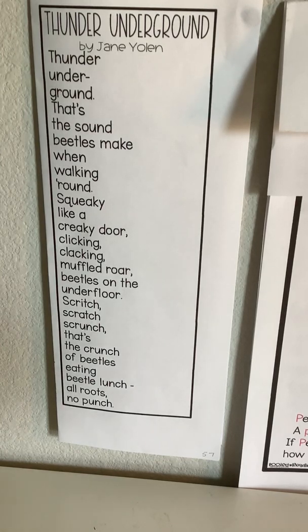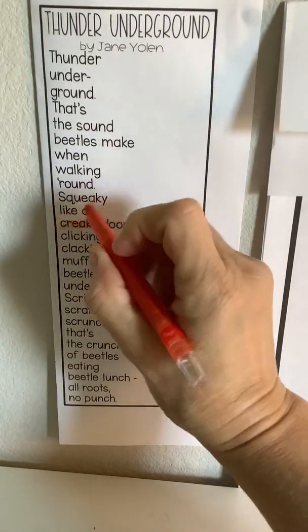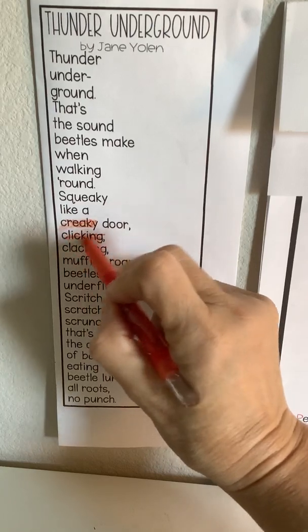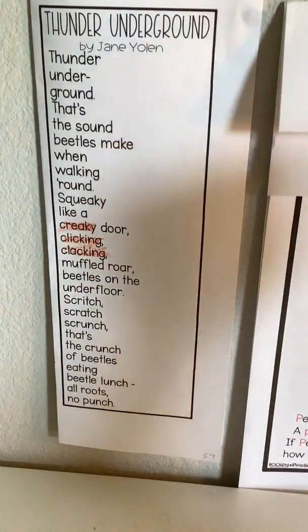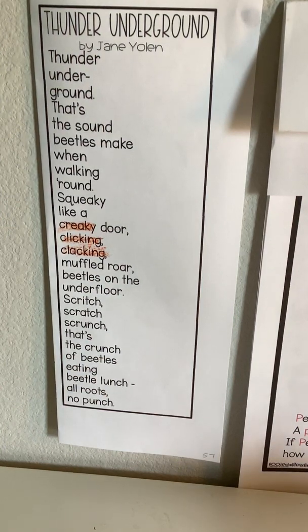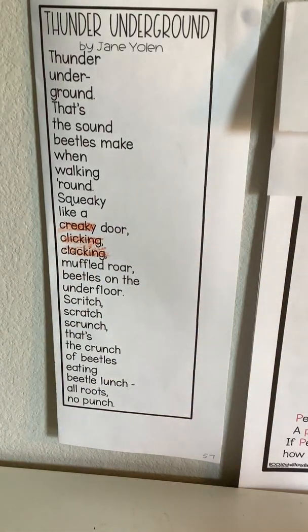Squeaky like a creaky door, clicking, clacking, muffled roar. So creaky, clicking, clacking. Those all start with the C that makes the K sound.